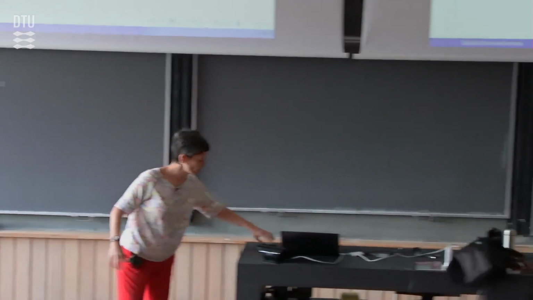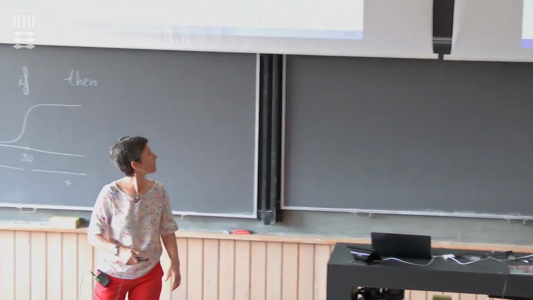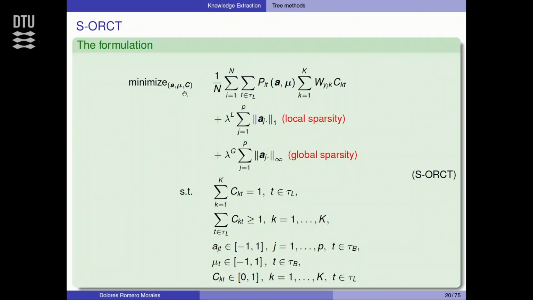So let me show you that. Remember that I was talking before about age above 50 or age below 50. So I have here a hyperplane that defines the cut at each of the nodes.